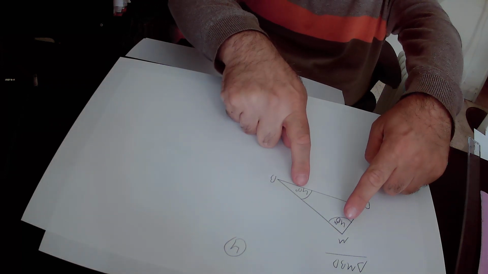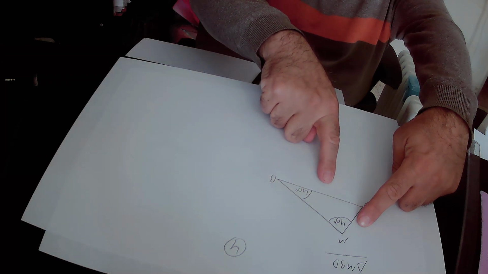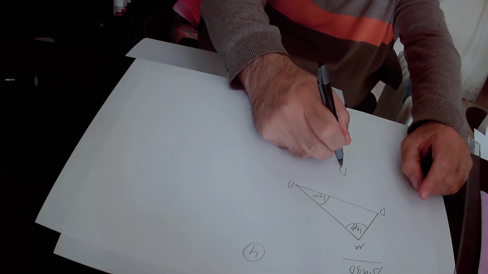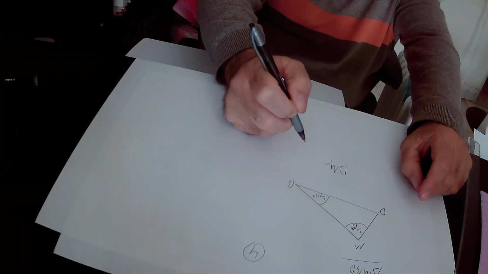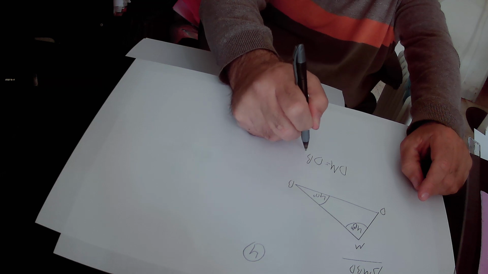In front of those two angles we have those two sides, therefore those two sides must be equal to each other. That is to say, DM equals DB.